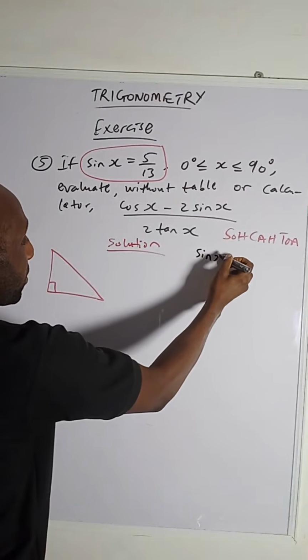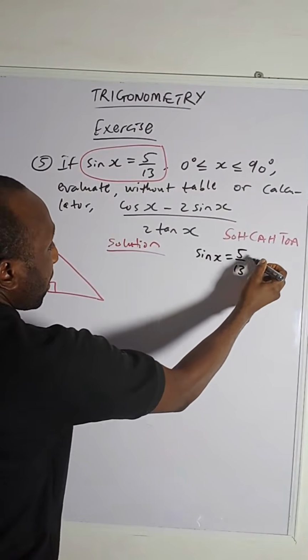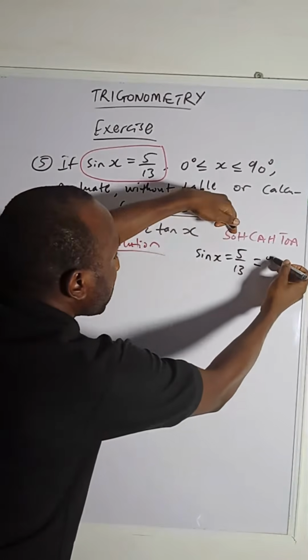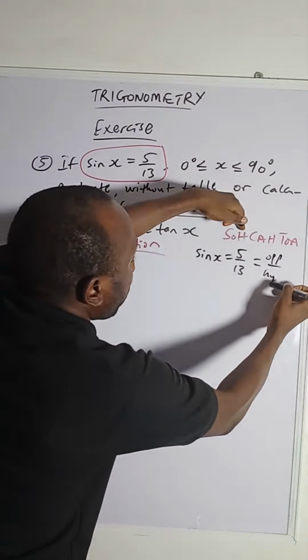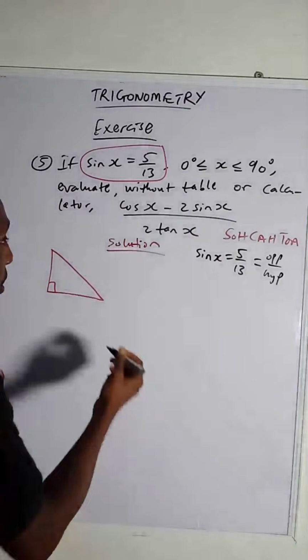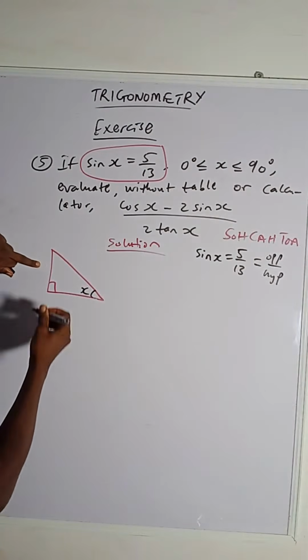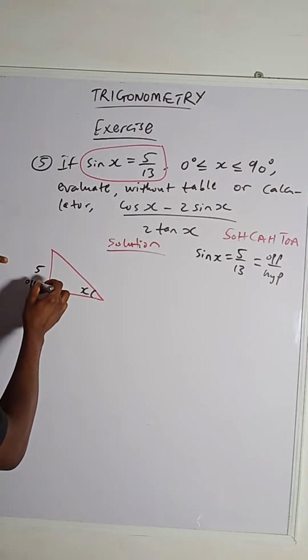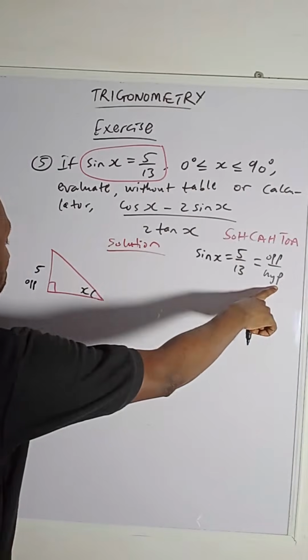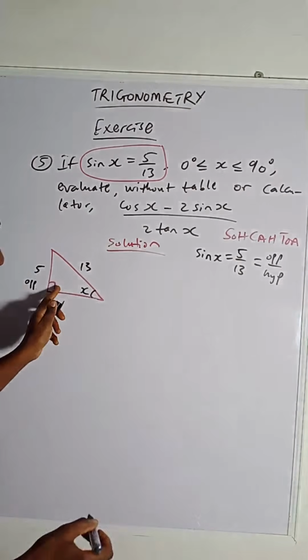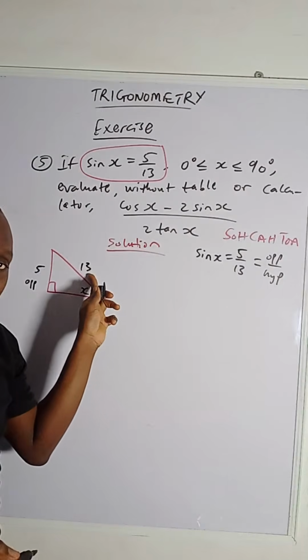So sine x is equal to 5 over 13. And what is sine? Opposite over hypotenuse. So if this is the angle x, this is the opposite, and this is 5. The hypotenuse is 13, the side facing the right angle.